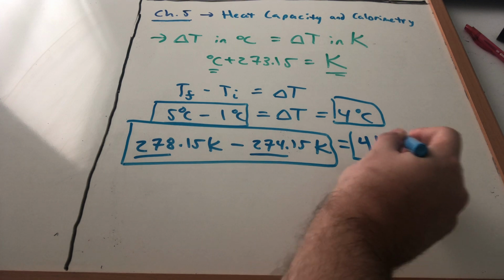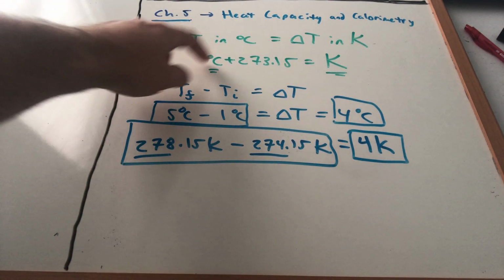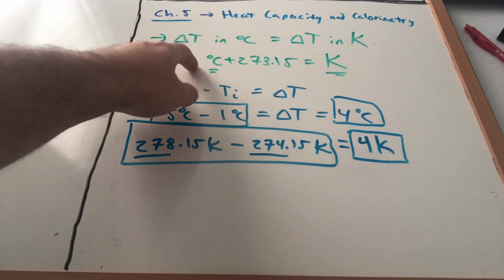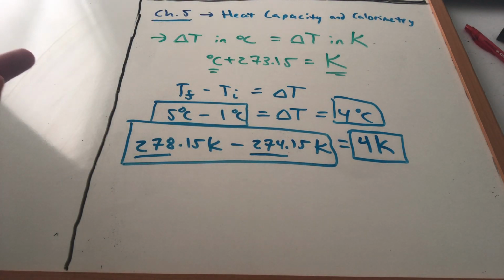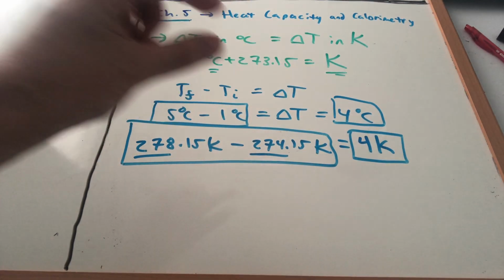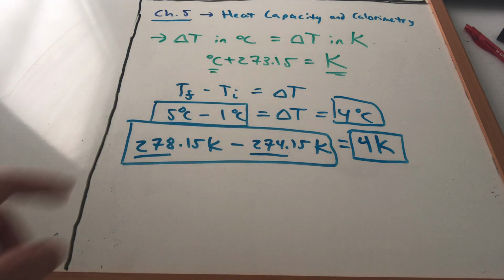And this actually kind of makes sense. All this says is that degrees Celsius and Kelvin have the same spacing. They just have a different 0 point, okay? So if you looked at a degrees Celsius thermometer versus a Kelvin thermometer, the spacing on the thermometers would be the same. It's just the value that you would read would be different.